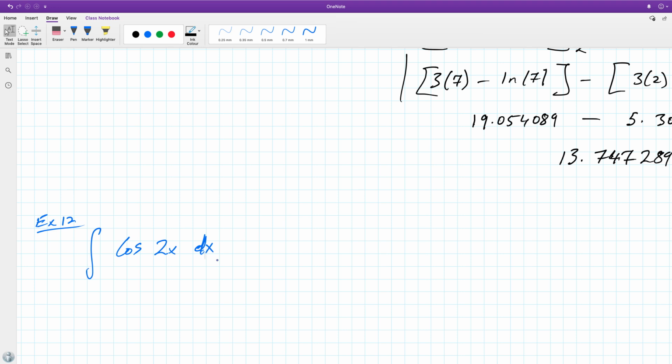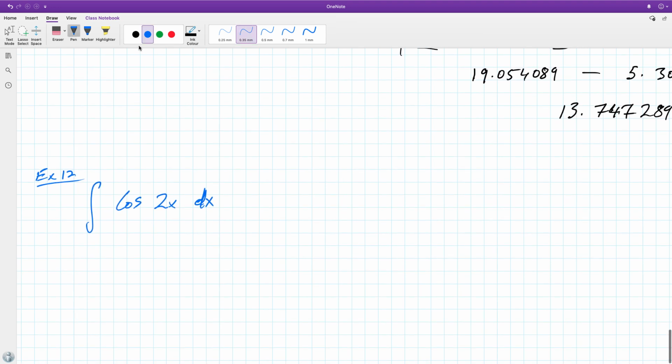That's actually considered integrated. Good question. So for this, we integrate cos, and we get the sine of 2x over 2 plus c. And that's the answer.